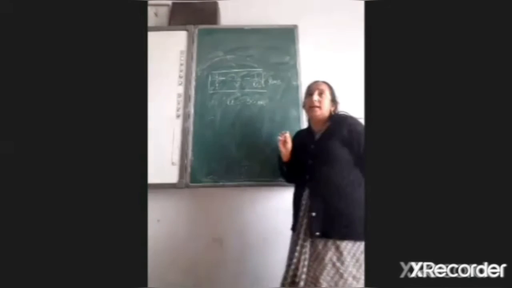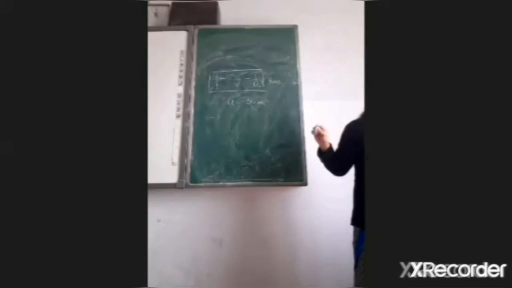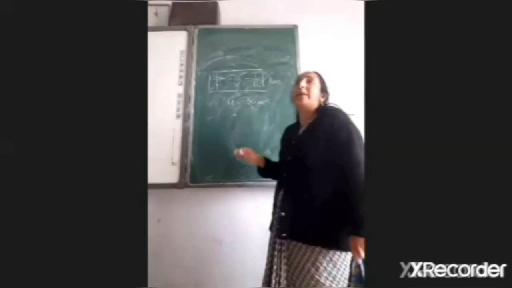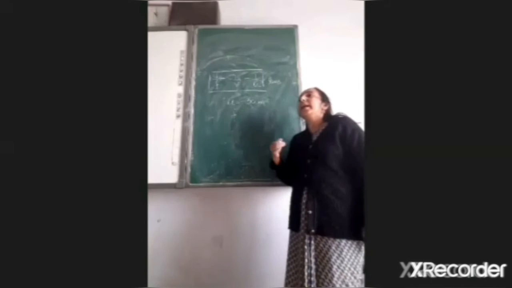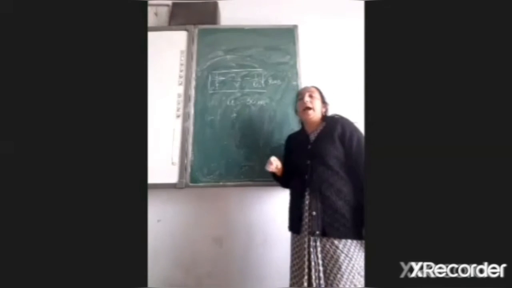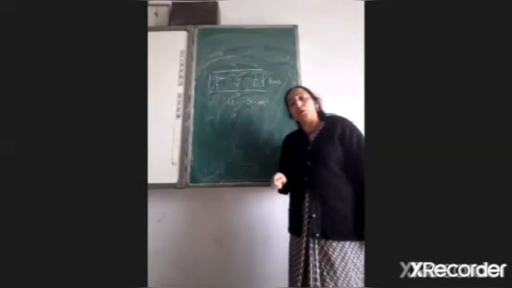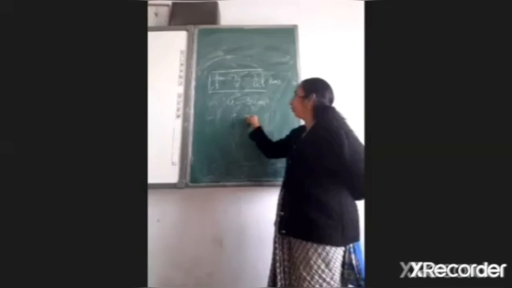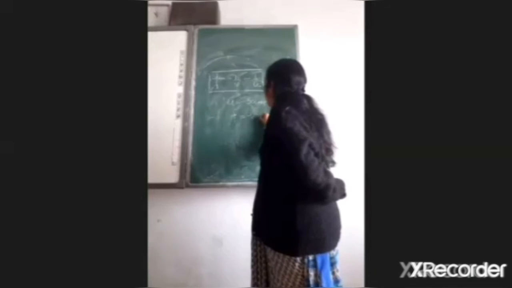Object is placed at a distance of 50 centimeter from a concave lens of focal length 20 centimeter. I told you if you have a concave lens, take focal length as negative, and for a convex lens you have to take positive. So since we have a concave lens here, we will take minus 20 centimeter.